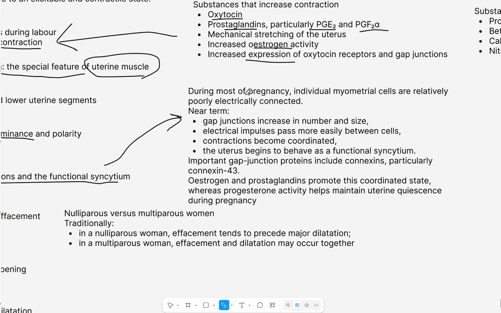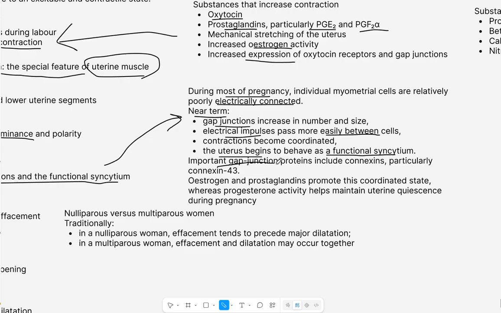So, on gap junctions and functional syncytium: during most of pregnancy, individual myometrial cells are relatively poorly electrically connected, right? But what happens near term? Near term, gap junctions increase in number and size, electrical impulses pass more easily between cells, contractions become coordinated, and the uterus begins to behave like a functional syncytium.